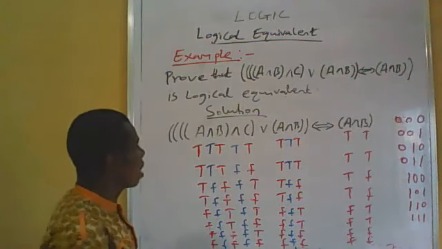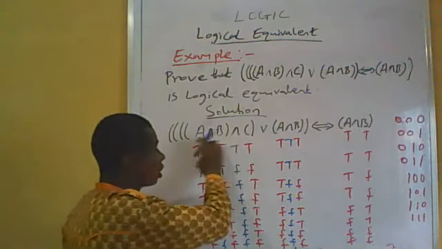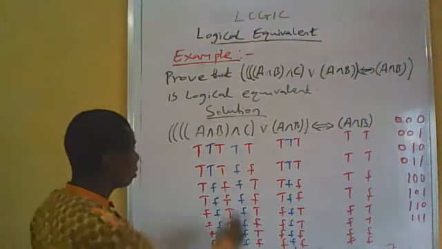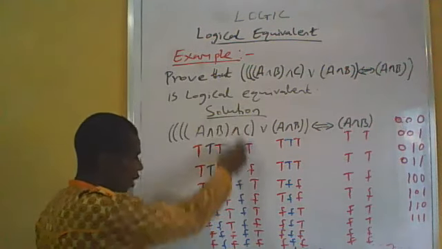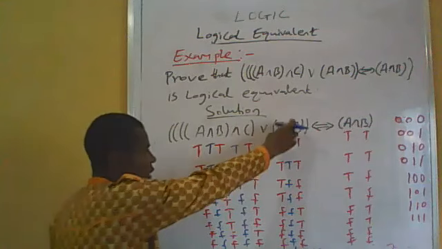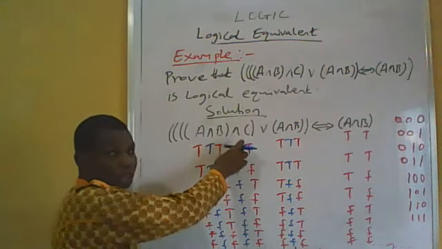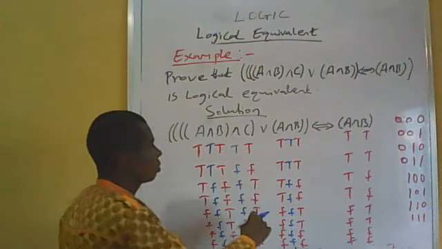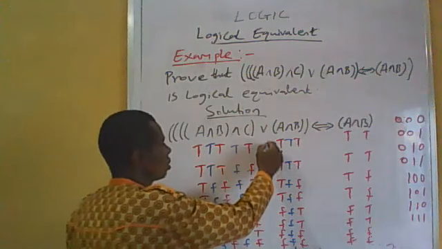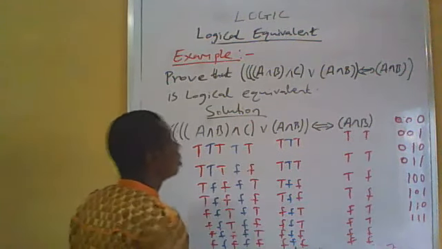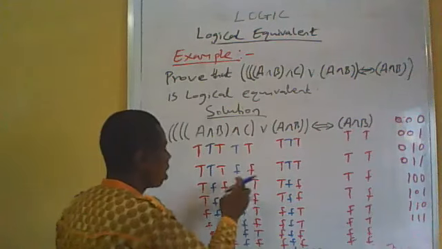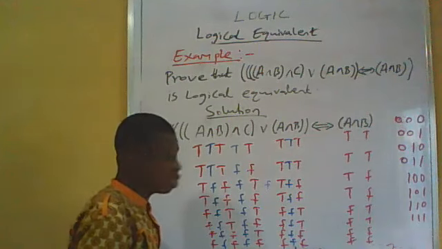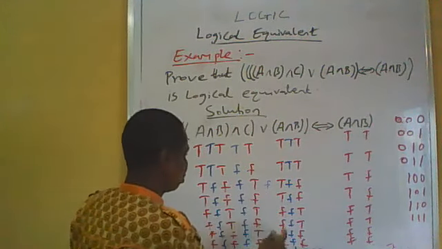So here we have this is a conjunct, this is a disjunct, this is also a disjunct. You want to evaluate by this one and this one. So you have T here, so it is true. So you have T, it is true. F, T, it is true. F, F, it is false, because the two disjuncts are false, so it is false. So you have here F, it is false here.